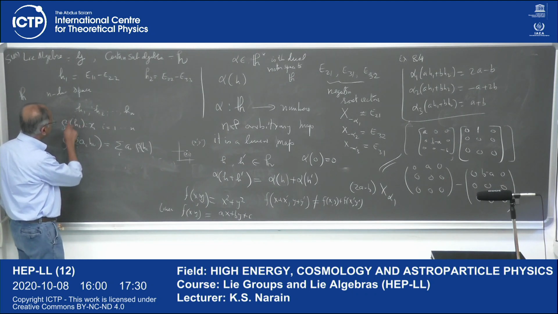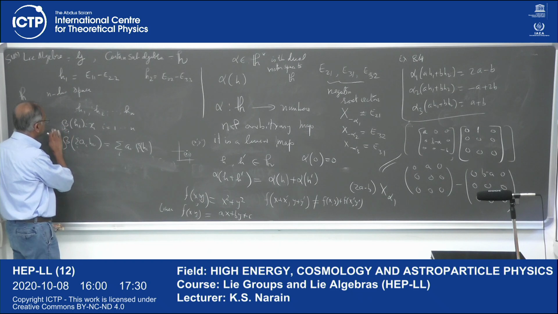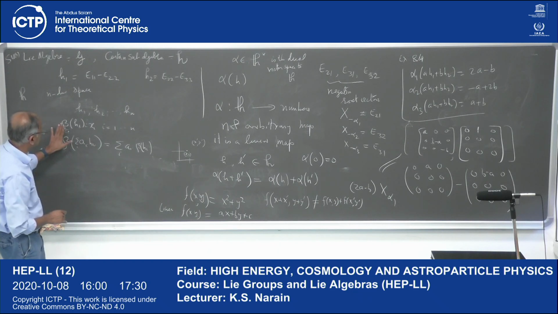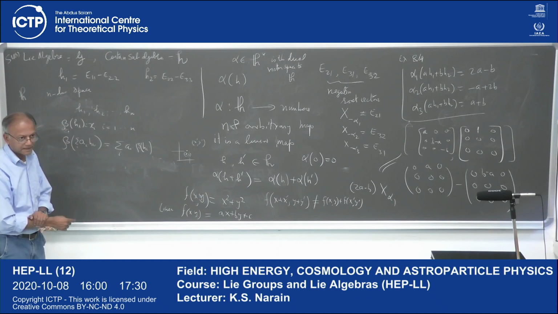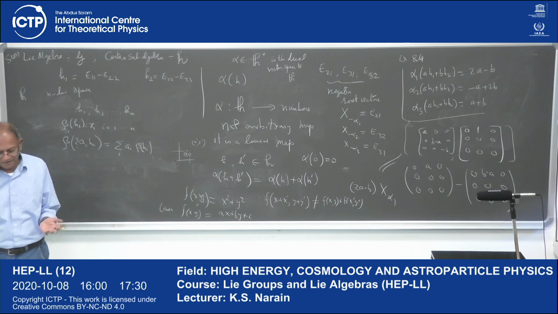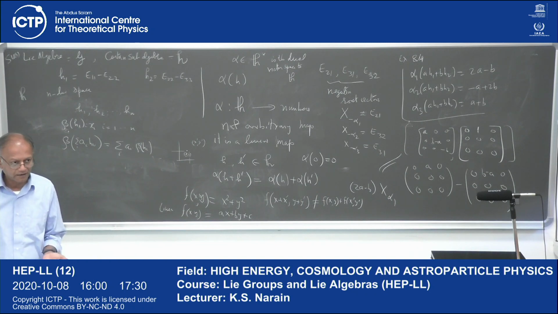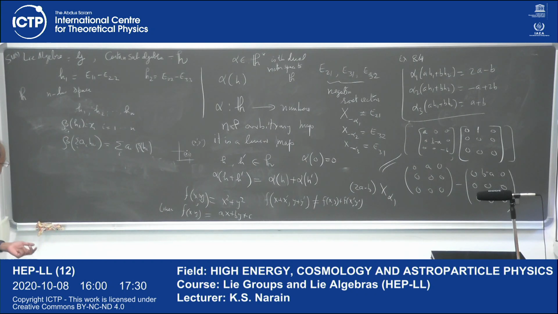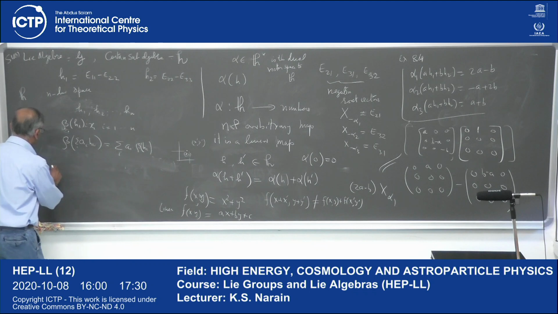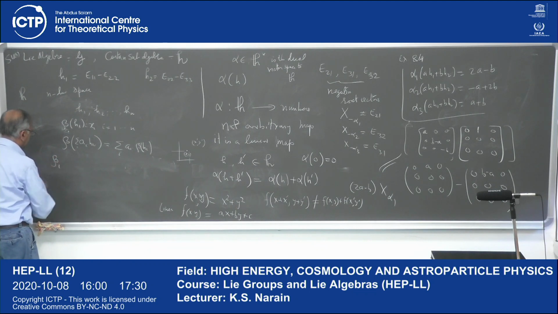Second thing, now I want to write down a basis for all possible linear functions. If I can show that the basis of all the linear functions is again n-dimensional, then that shows that the dual space is again n-dimensional. That is the idea. So how do you do that? Let me define some specific functions, beta I. It has a property, and this is a definition: beta I on Hj equals delta Ij.